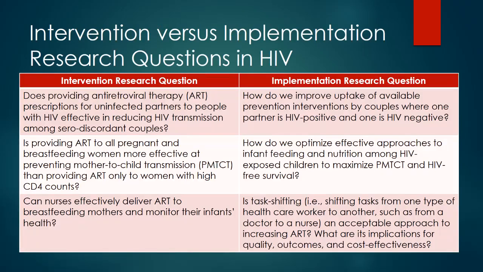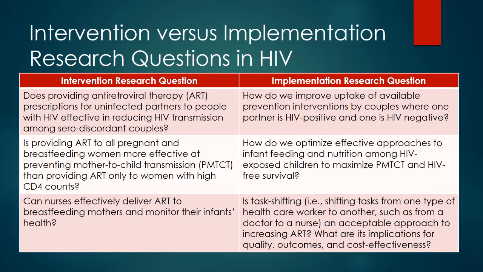Here are some more examples to drive this point home. On the left side in this table, we have examples of intervention research questions, and on the right side are implementation research questions. So, for example, we might want to know whether providing ART prescriptions for uninfected partners of people who have been diagnosed with HIV is effective in reducing HIV transmission among these serodiscordant couples. So that would be an intervention delivering ART to uninfected partners.